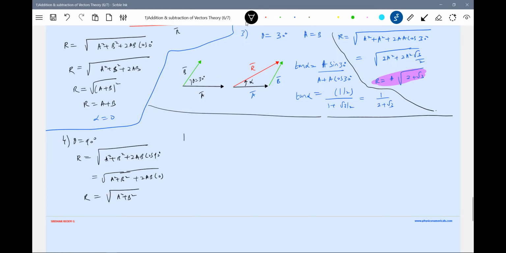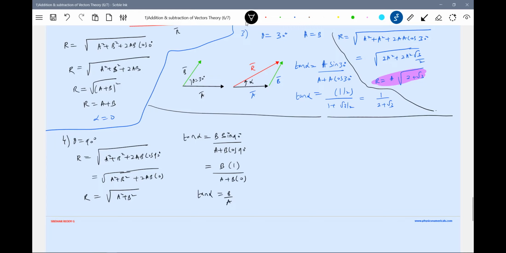But then we'll go for tan alpha. Tan alpha equal to B sine theta, B sine 90 by A plus B cos 90. Sine 90 is 1, cos 90 is 0. So this will become just B by A.